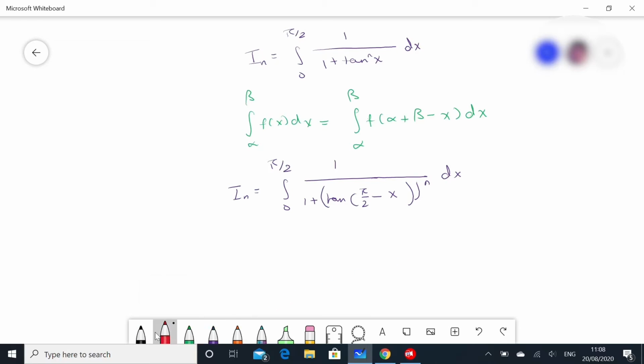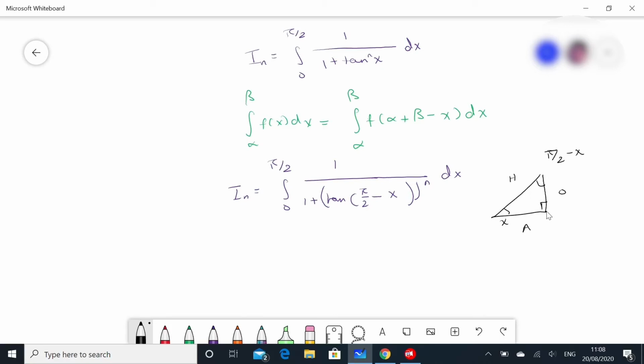Alright, so now we wonder, what is tan of pi over 2 minus x? Well, that's where triangles come in handy, especially right angle triangles. Alright, so let's let this angle be x here. For this angle here, this is the opposite, this is the adjacent, this is the hypotenuse. Now this angle here is going to be equal to pi by 2 minus x, because this is 90, this is x.